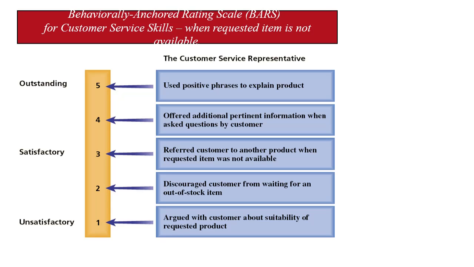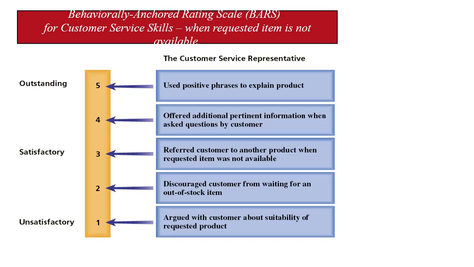Again, it is almost satisfactory, but it is rated at 2, a very low level of satisfaction. Then refer the customer to another product when the requested item is not available. Here, if the sales representative shows a behavior wherein the item is not available, you just do not make it known to the customer and you see to it that you refer the customer to another product, that is satisfactory behavior.